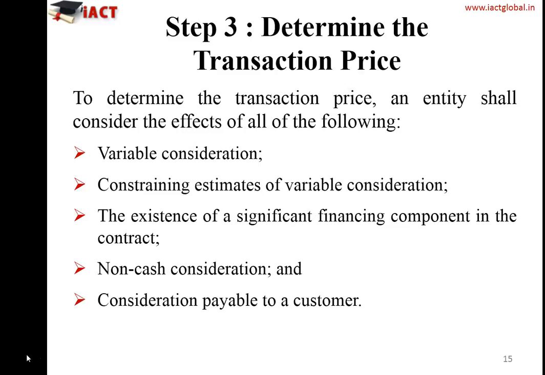For an example to help you understand this transaction price, guys, let's talk about an entity which is supplying laptops to large business holders, and they enter into a contract with a customer that they will sell at $500 per unit.